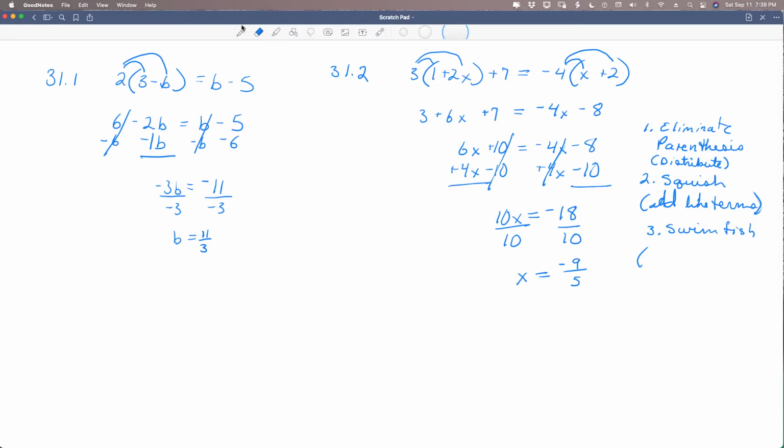We put the x on one side, x equals whatever the number is. Okay, we put the variable x on one side and the number on the other side. Then we divide to solve. All right, and the last and final step, which you may or may not always do, is to reduce if possible.